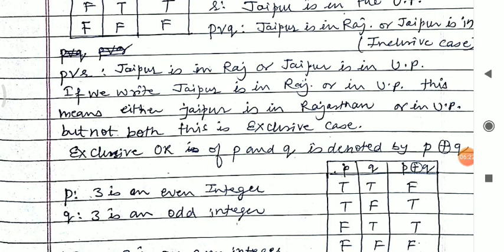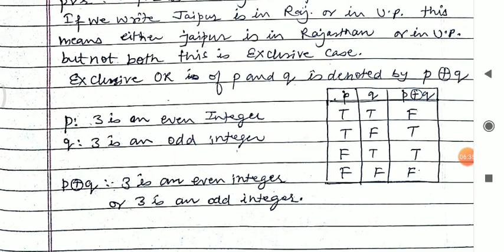Again, if you remember in my notes, I have given A union B minus A intersection B will be the symmetric difference of A and B. This is the same case in which we are excluding the common part.